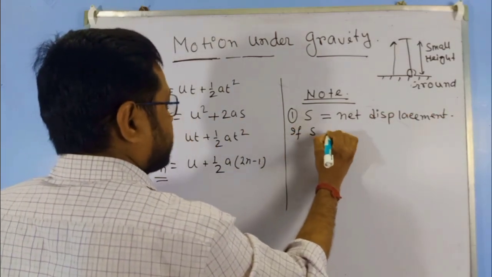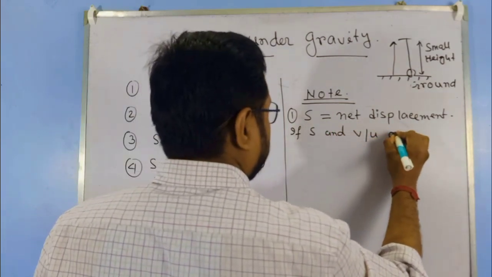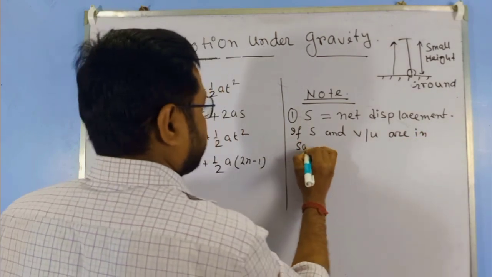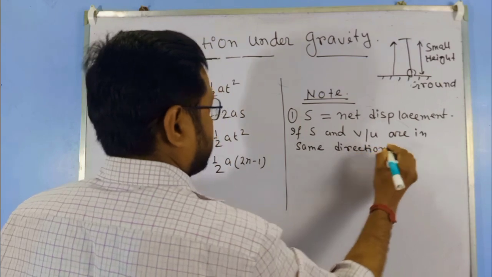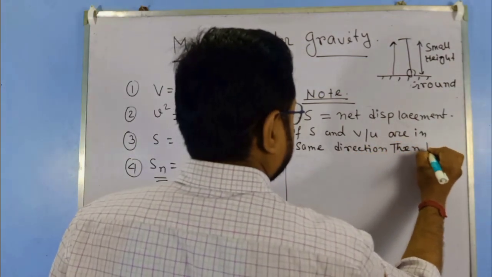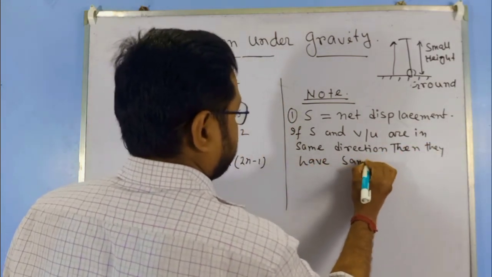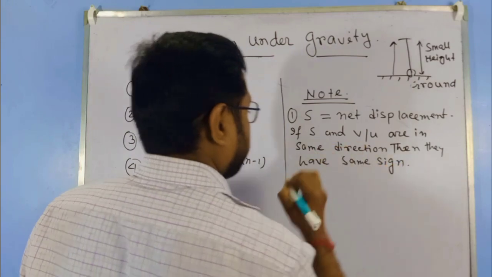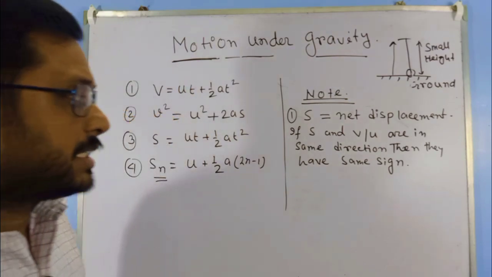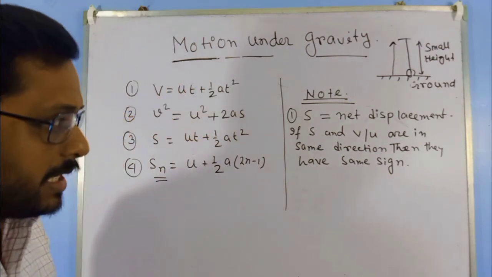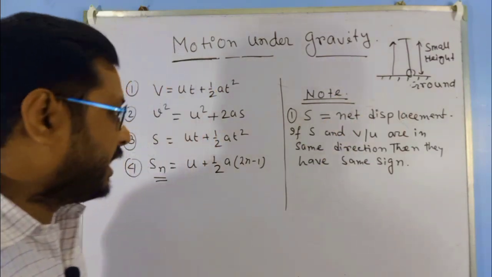If s and v, that is the velocity, or u are in the same direction, then they have the same sign. If the direction of displacement and the direction of velocity are the same, then they have the same sign, otherwise they have opposite signs. We will use this point while doing our numericals.